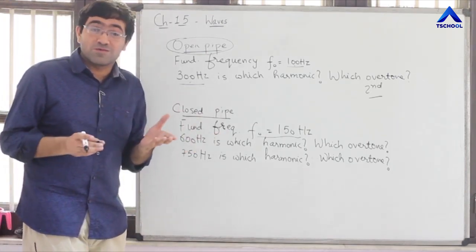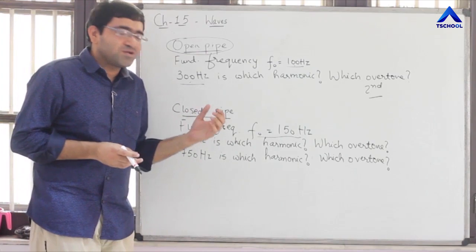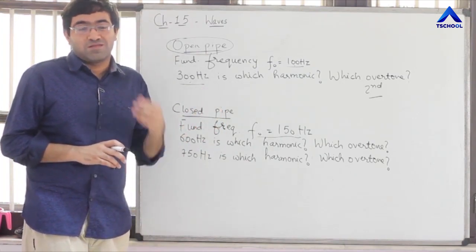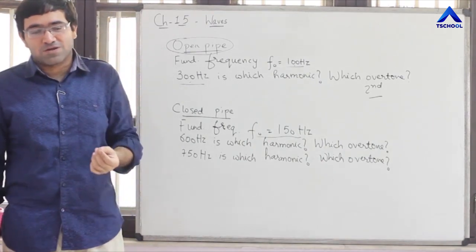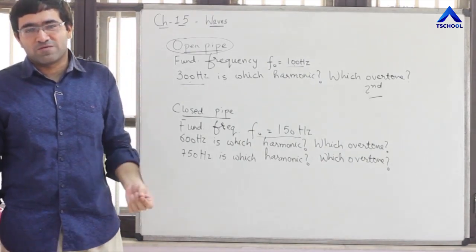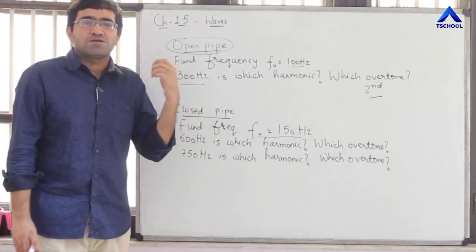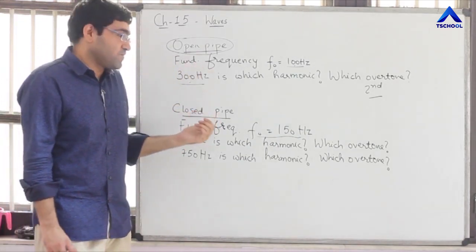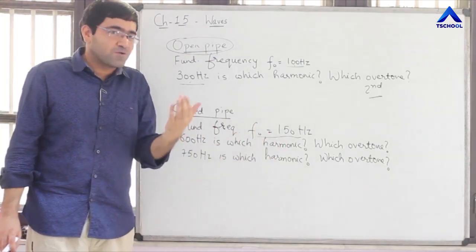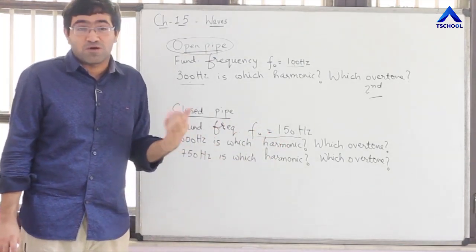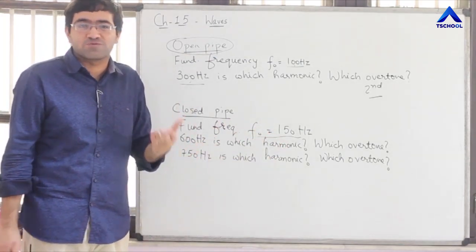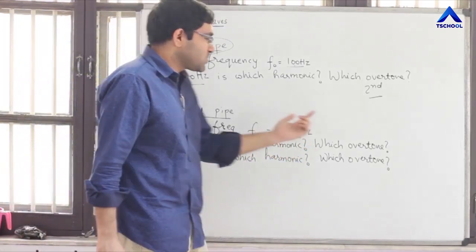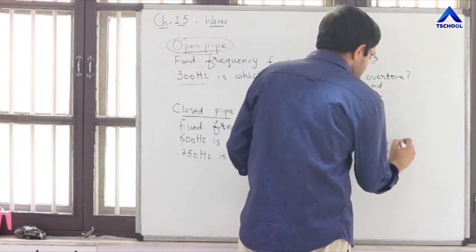So the answer is it's not an overtone, because if you read those sentences, we have seen that the first harmonic is the fundamental frequency for closed pipe, the second harmonic is nothing, the third harmonic is the first overtone, and again the fourth harmonic is nothing. So fourth harmonic is not an overtone or not a resonant frequency, and hence the answer to this question, 600 hertz, is which overtone? The answer is not an overtone.